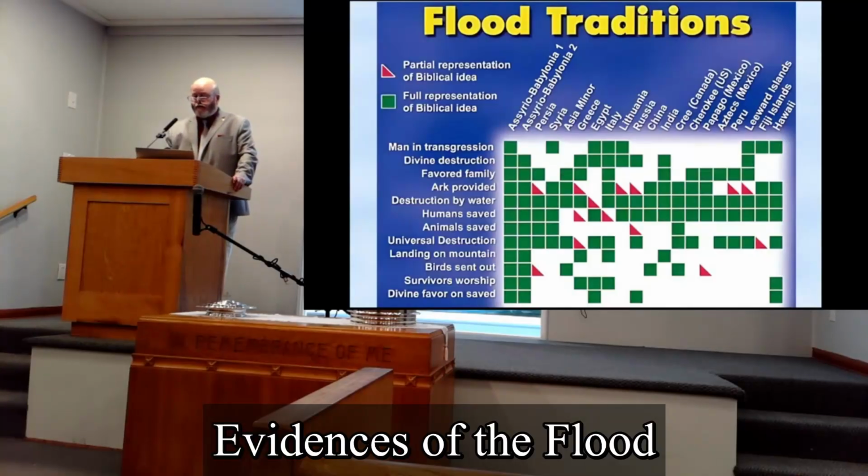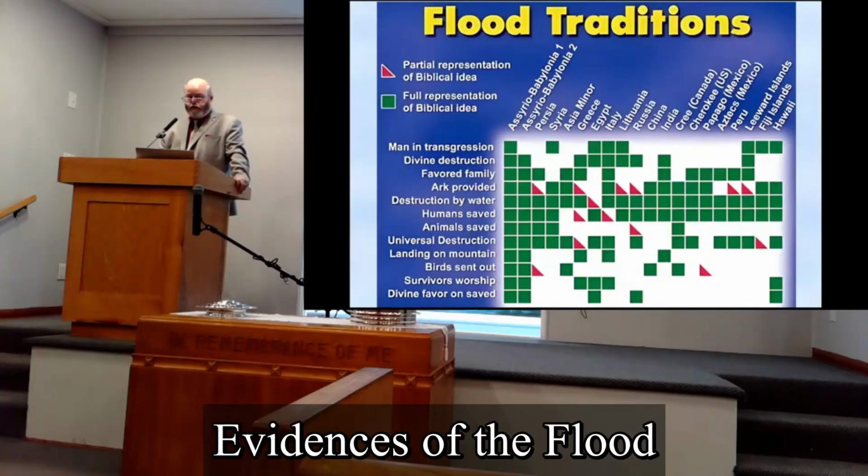Divine destruction, a favored family like Noah's family, an ark, destruction by water, humans saved, etc. There are various different things here that are part of the flood account. And all of these cultures have at least some of this account in their traditions.